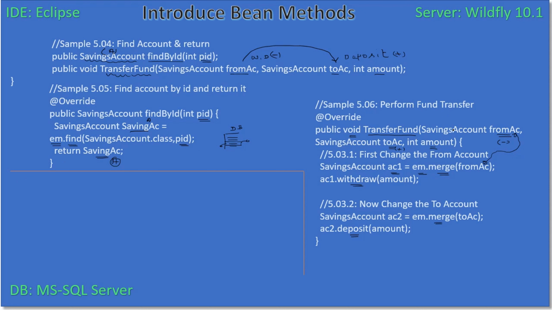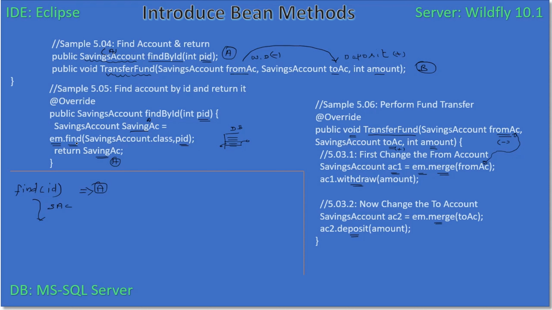Alright, now let's state that the caller is supplying this savings account, right? The caller will make use of this find method. The find method returns, this is our find method, whatever we returned here. So this is method A called by servlet or JSP, whatever it is, and it returns a savings account. And in this stage, here we are using the find method, right?